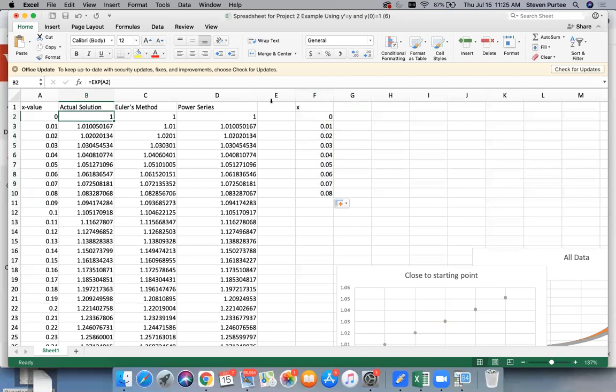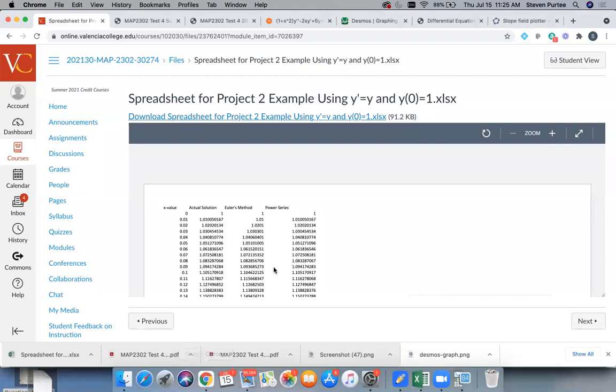Here are my actual solutions. So these are all going to be y values. So I know I'm starting at the point 0, 1. We're solving, say right here, y of 0 equals 1.